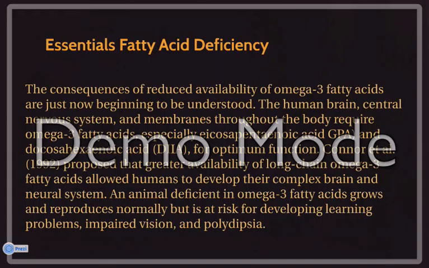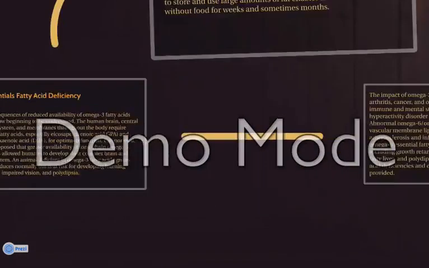Connor et al. proposed that greater availability of long-chain omega-3 fatty acid allowed humans to develop their complex brain and neural system. An animal deficient in omega-3 fatty acids grows and reproduces normally, but it is at risk for developing learning problems, impaired vision, and polydipsia.